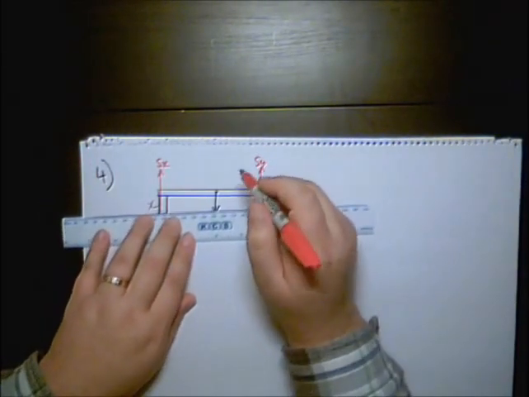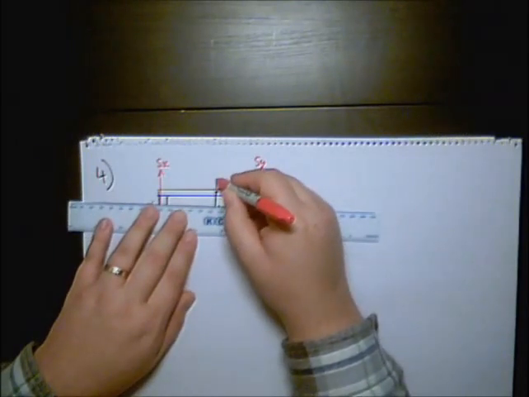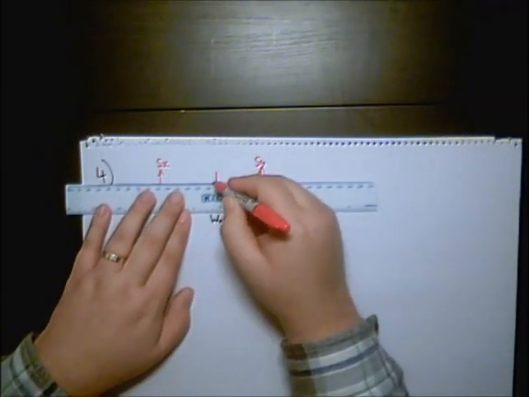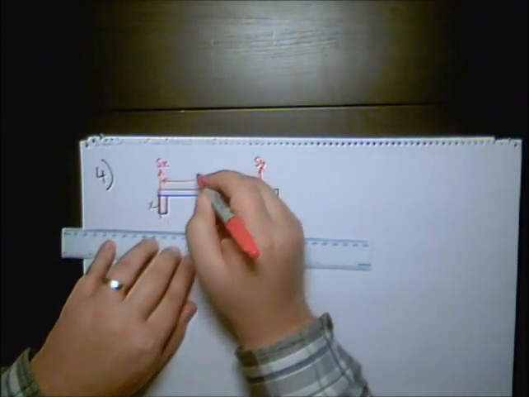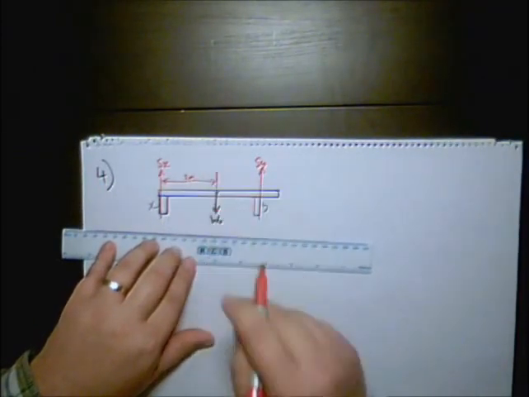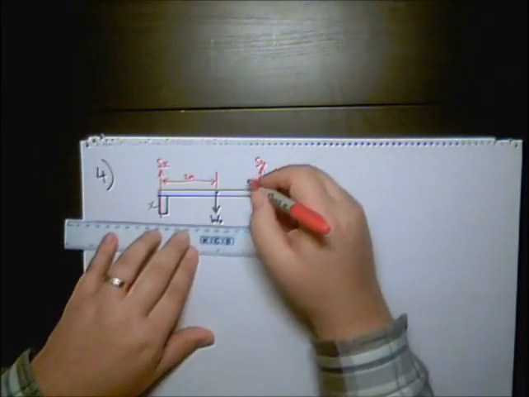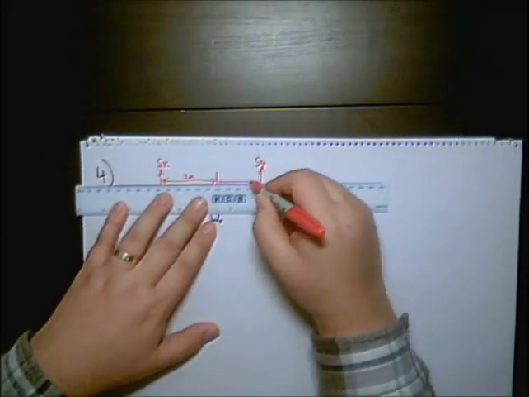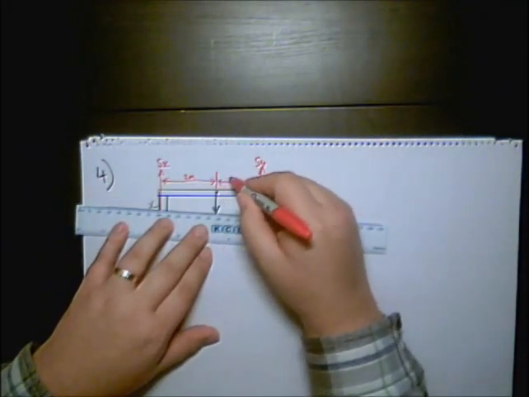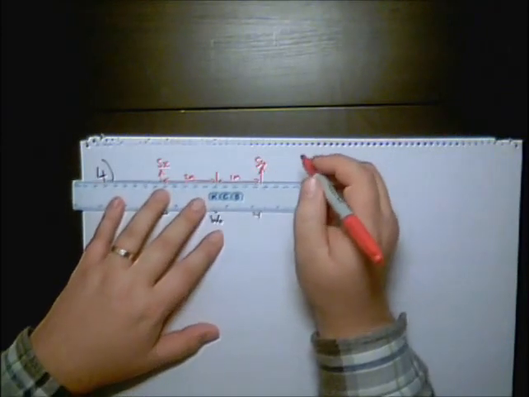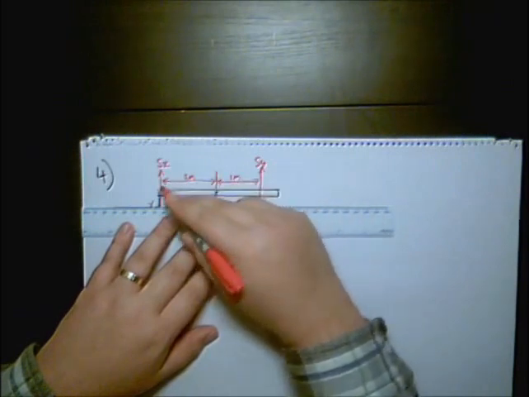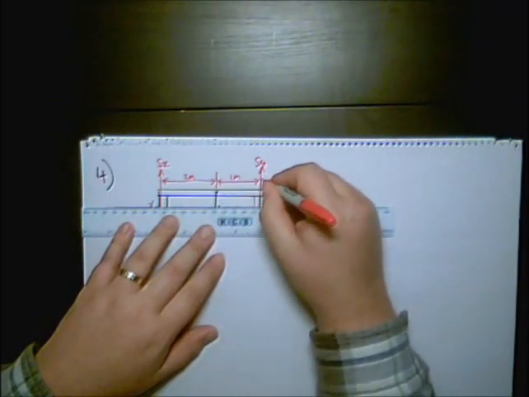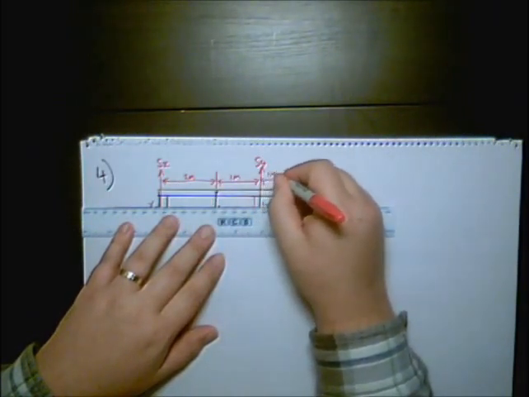The distance from the centre of mass to this side is 2 metres, and the distance here is 1 metre, because the overall distance is 4 metres, and it says that this is to the end and this is 1 metre in, so I've not drawn it very well, but that's also 1 metre there.